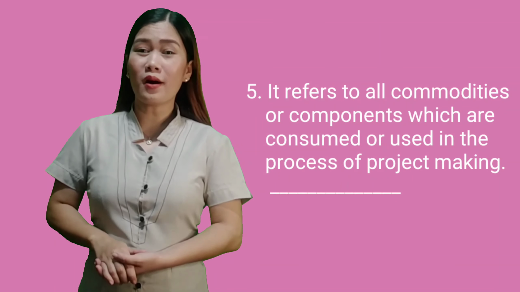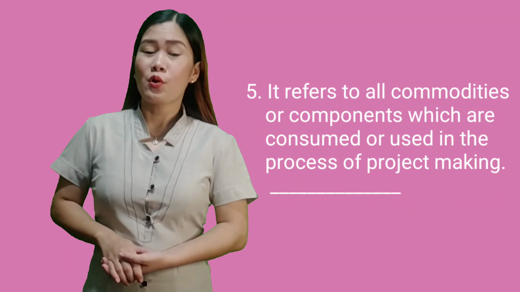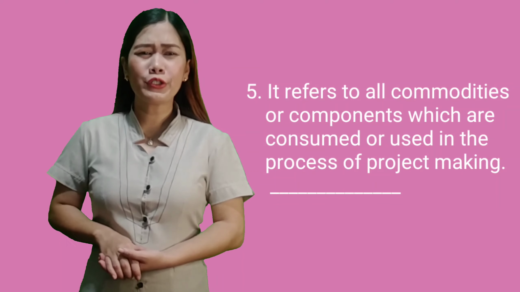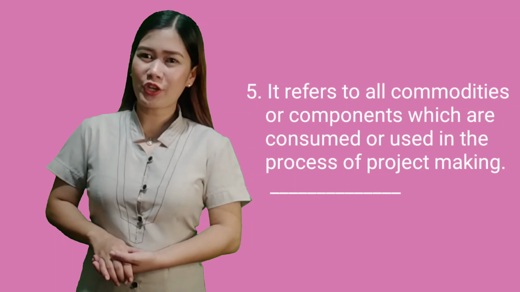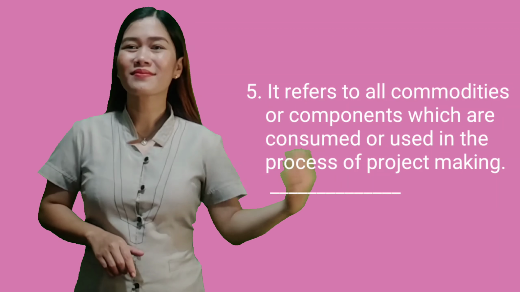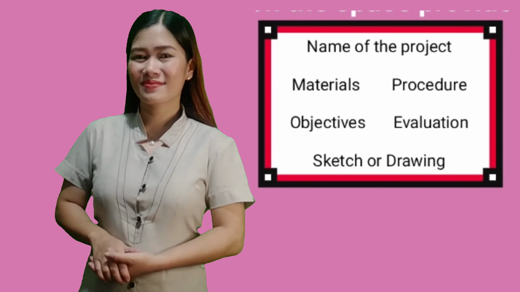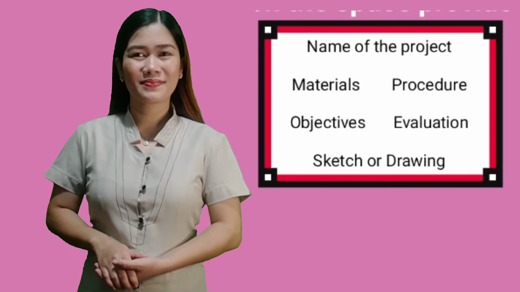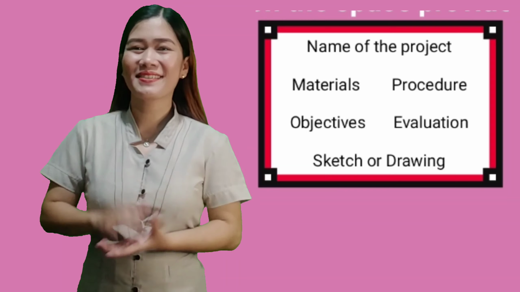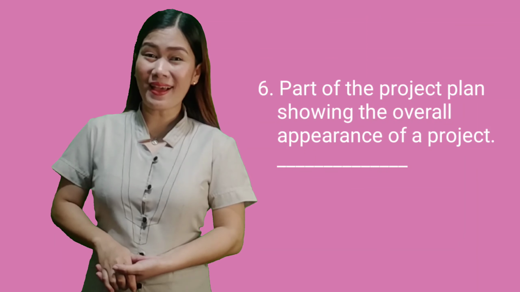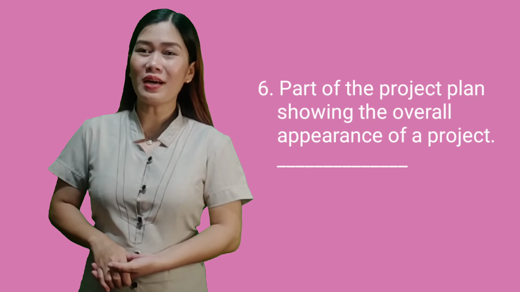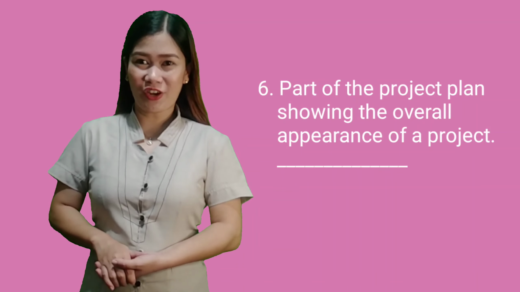It refers to all commodities or components which are consumed or used in the process of project making. Number 6. Part of a project plan showing the overall appearance of a project.